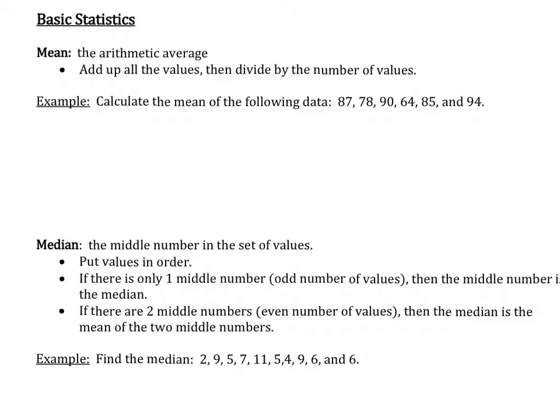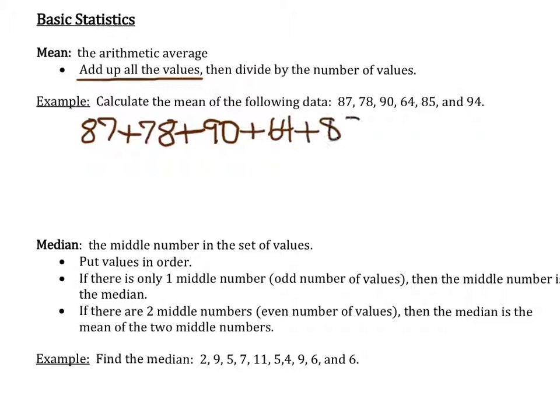What we want to do is find the mean, or the arithmetic average, of that. Again, all we have to do is add up all the values. So I'm going to take 87, add 78, add 90, add 64, add 85, and add 94.